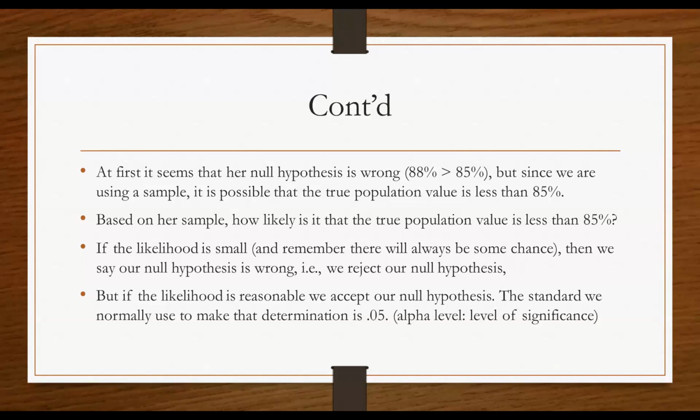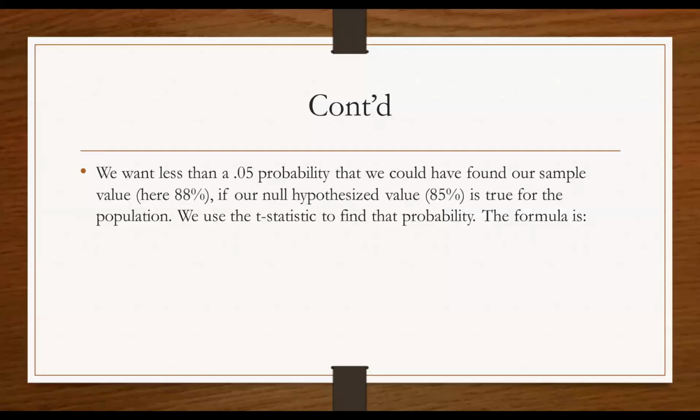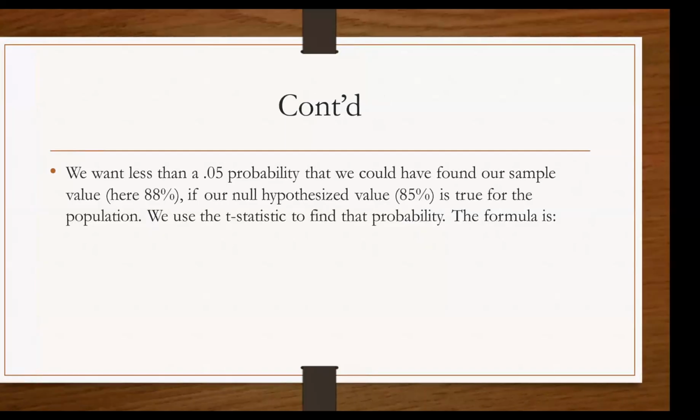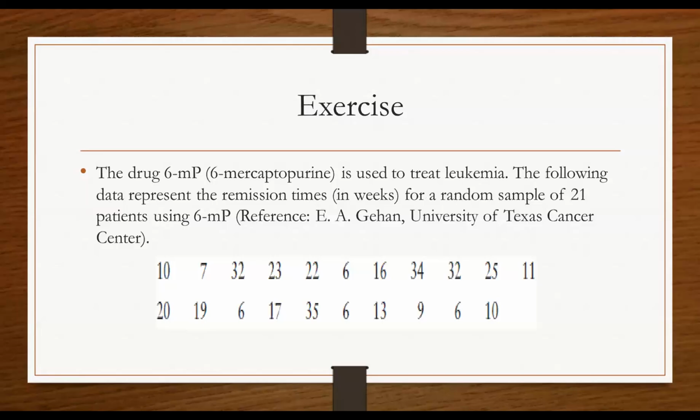That is what we are trying to investigate. If the likelihood is small, then we say our null hypothesis is wrong, and we reject our null hypothesis. But if the likelihood is reasonable, then we fail to reject the null hypothesis. This is almost the same language that I have been commenting on severally.